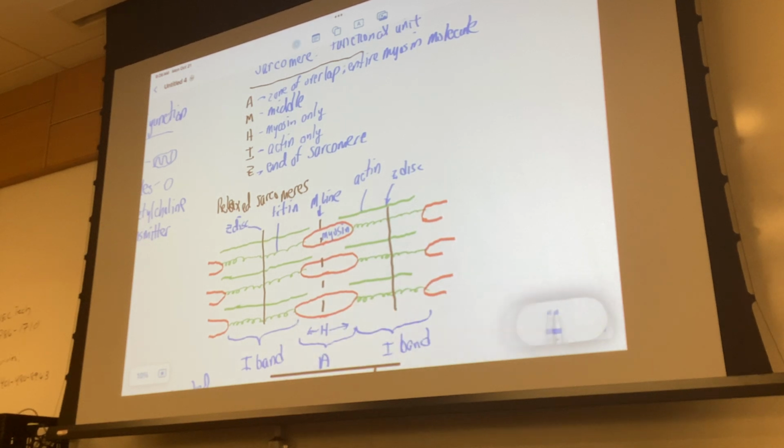So now the troponin. The last two proteins are called troponin and tropomyosin, and I'm talking about them as a pair. They reside on top of actin.